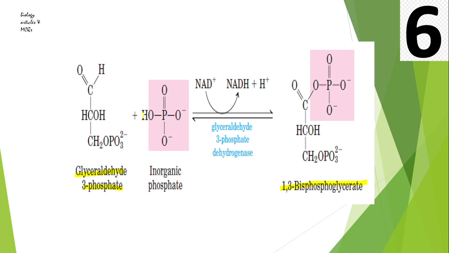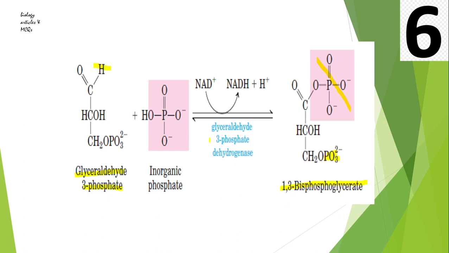Means here is one inorganic phosphate that will be used, and that inorganic phosphate will attach to the carbon number 1 of glyceraldehyde 3-phosphate, and it will convert it into 1,3-bisphosphoglycerate. The phosphate is attaching to the carbon number 1 and carbon number 3 of this molecule.